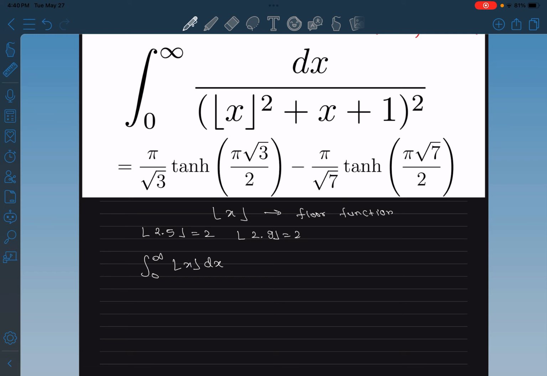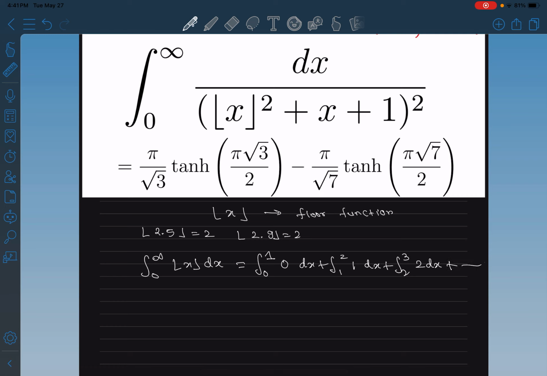Now what we can do is integral from 0 to 1, and in this range the floor will just be 0, because no matter what, say 0.5, floor of 0.5 is 0. Again, from 1 to 2, floor of x will just be 1, and from 2 to 3, say floor of 2.5, in this range the floor of x will just be 2.